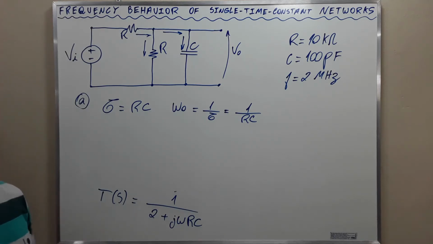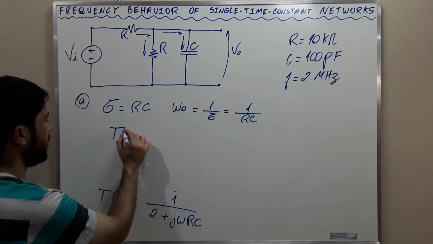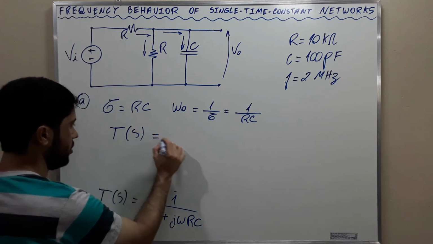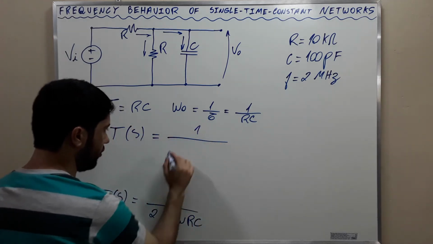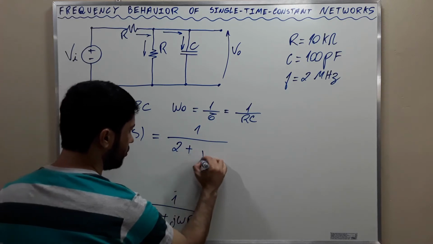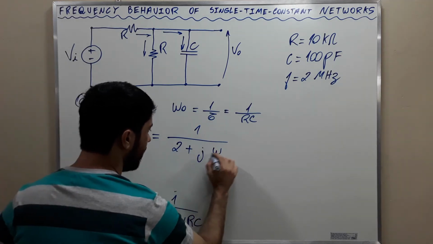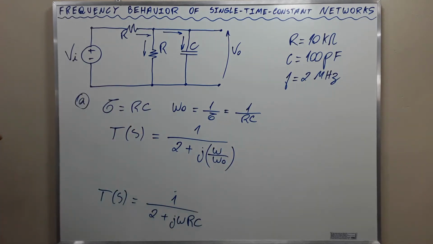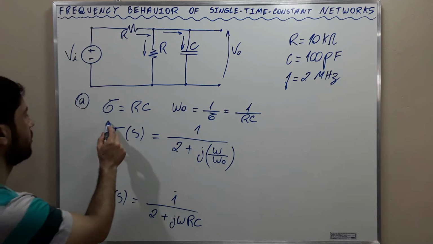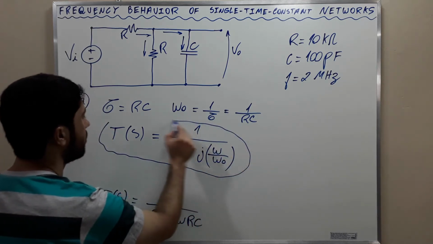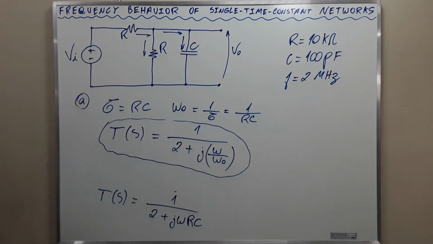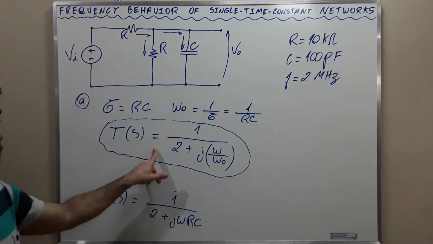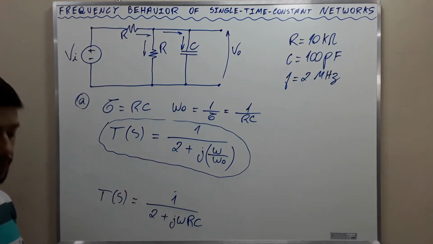And we're going to substitute it here, and we're going to find that T of S equal to 1 over (2 plus J W over W0). This is the final expression of the transmission. This is what letter A wanted us to calculate. Alright? From this expression, we can calculate the rest.